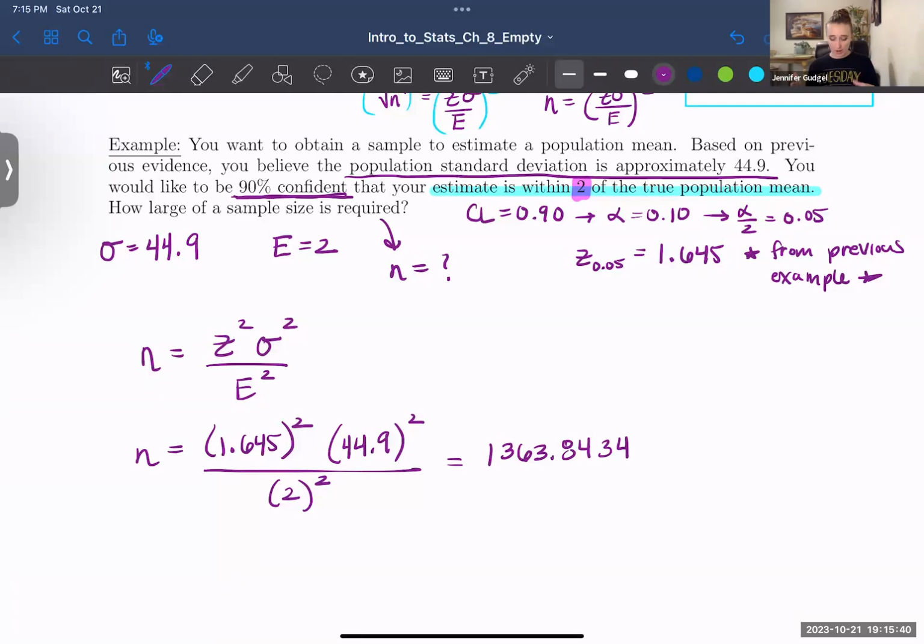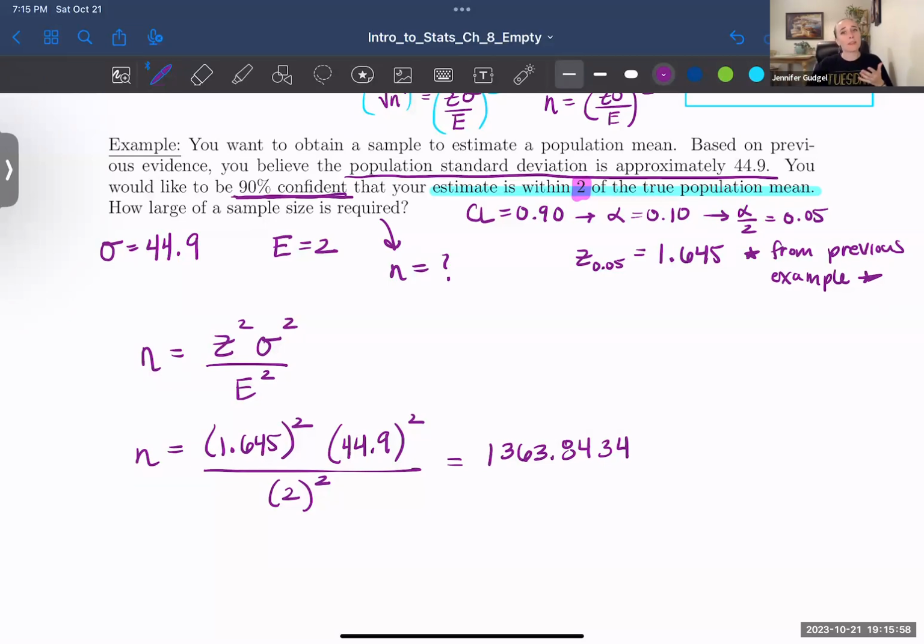Can I have 0.84 of a piece of data? We either have 1,363 pieces or 1,364 pieces. You can't have half a piece of data or 0.8 of a piece of data.